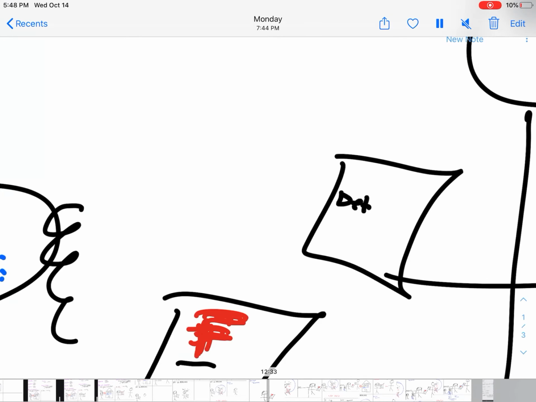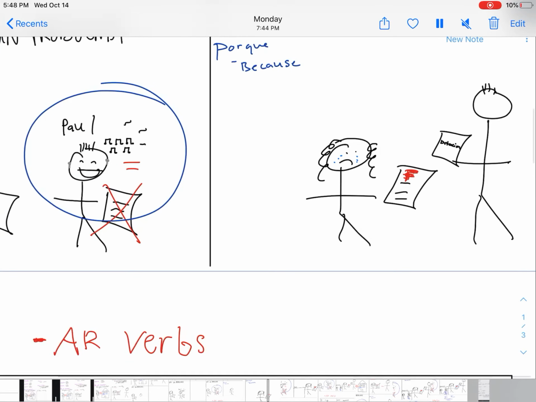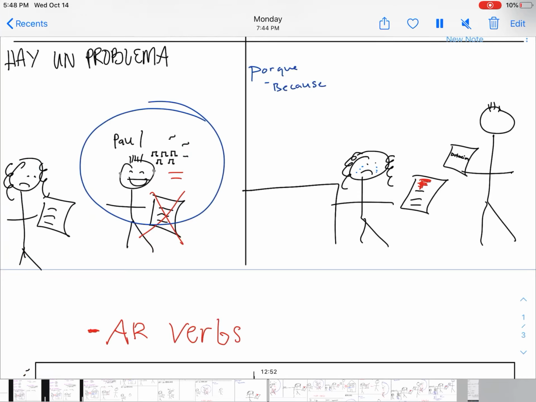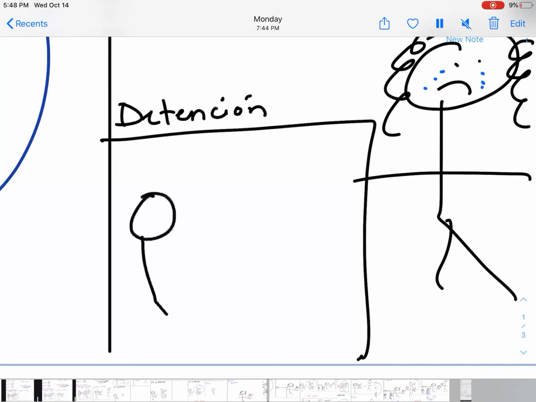Y el profesor da Sarah, right, da una detención. So da Sarah una detención. Y en detención, guys, this is a kind of a blurb of detention.